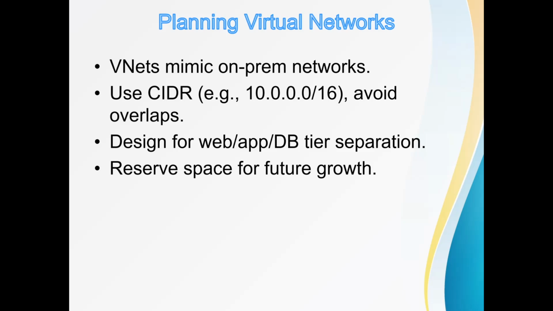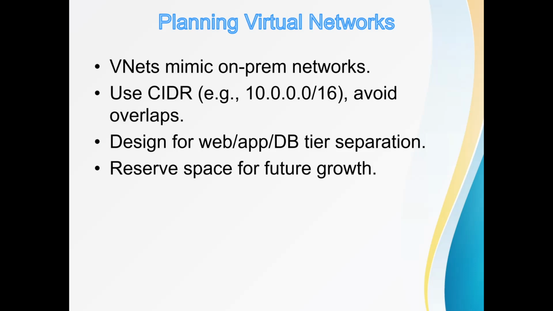Then we need to design for the web tier, application tier, and database tier. We need to design for different tiers of networks. We can keep our web tier separate, our application tier separate, and our database tier separate, and these three can be in different virtual networks.